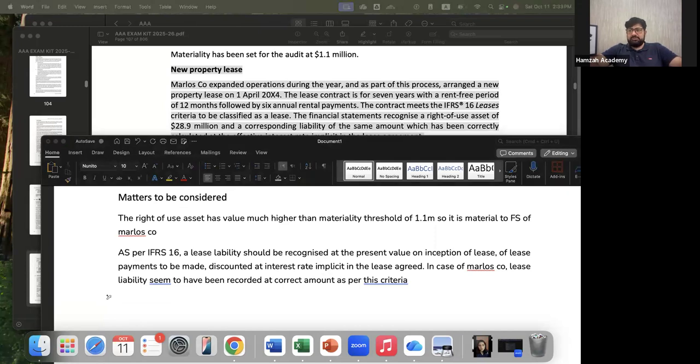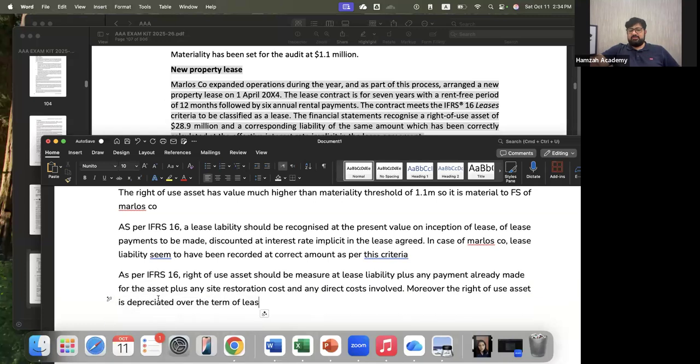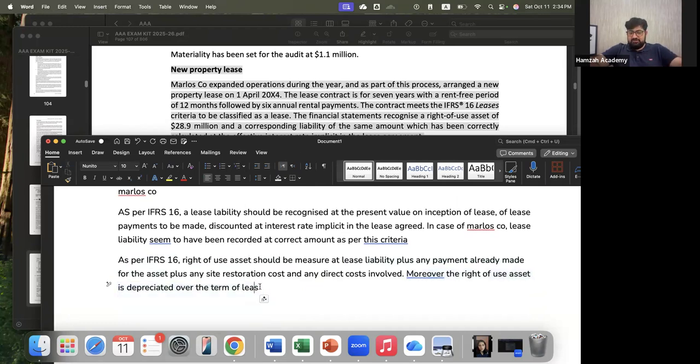Now come to the right of use asset. What IFRS says? Right of use asset should be measured at lease liability plus any payment already made for asset plus any site restoration cost and any direct cost involved. Moreover, right of use asset should be depreciated over the terms of lease.